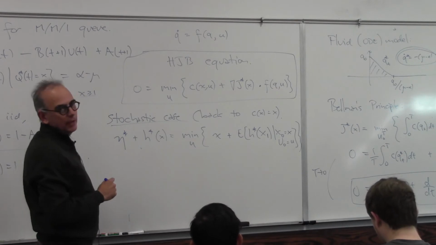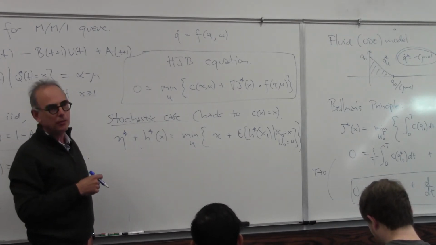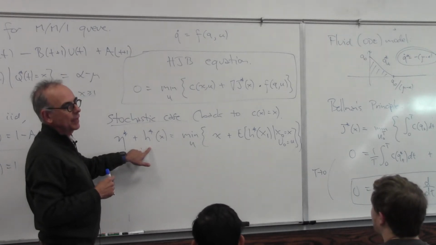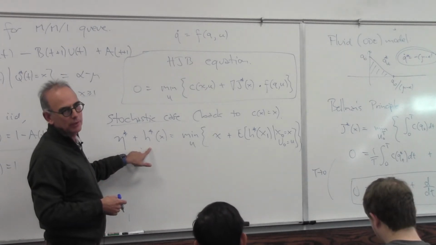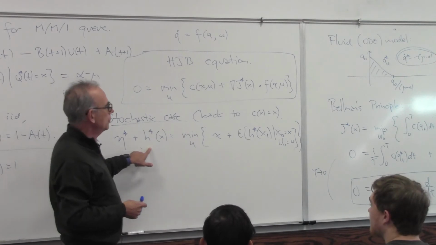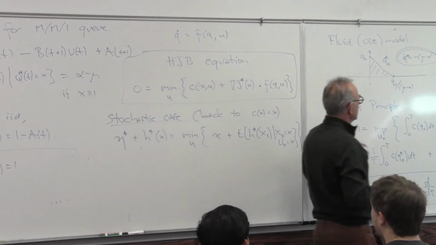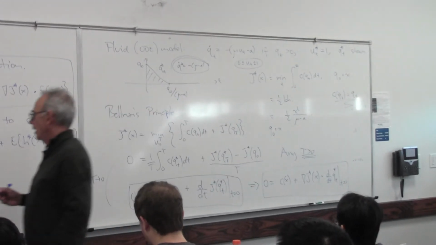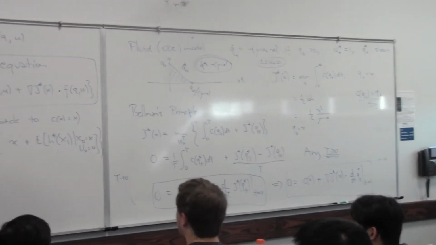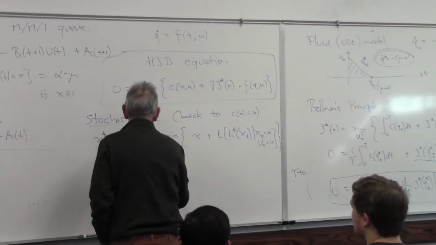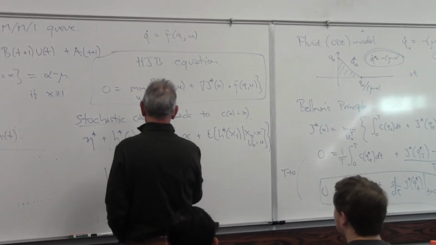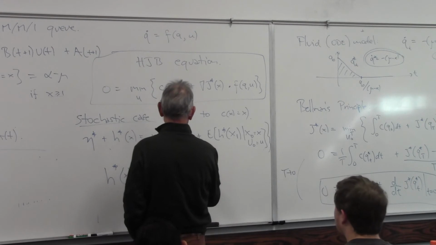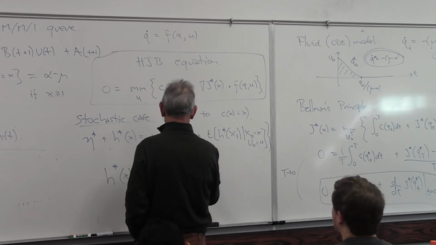And eta star is some funky thing. What do you think 8 star is? Well, how would you ever have any intuition? There's no way you could guess. But it turns out it's almost J star. It's almost exactly that. It turns out that 8 star of x is equal to J star of x plus something relatively small.